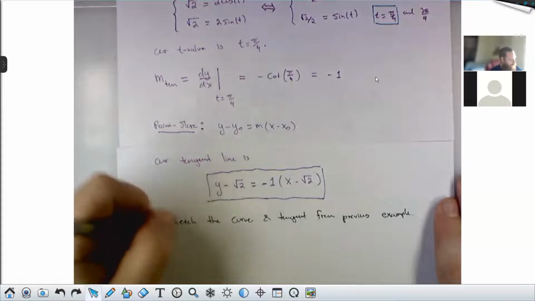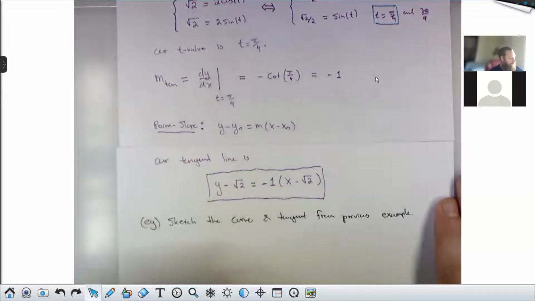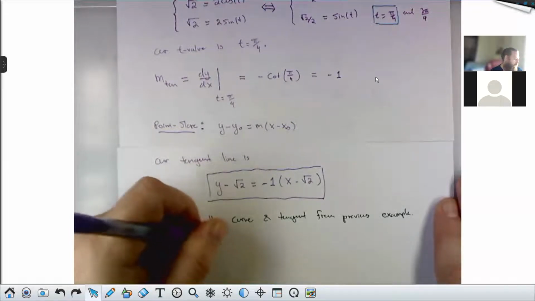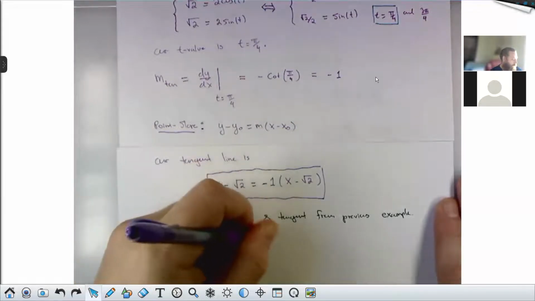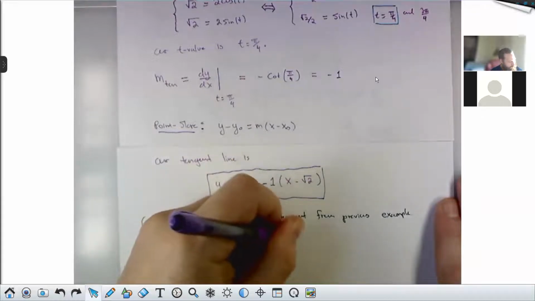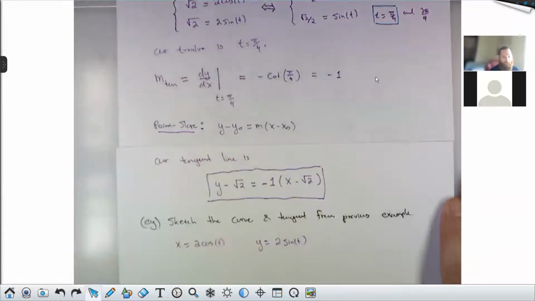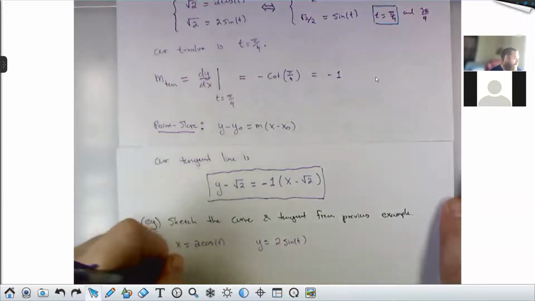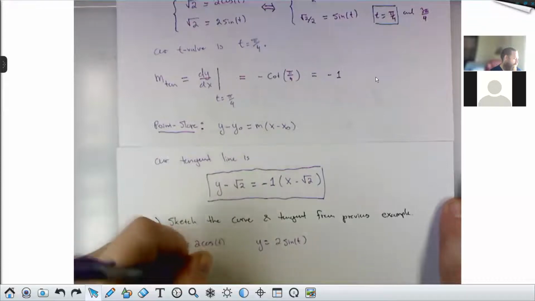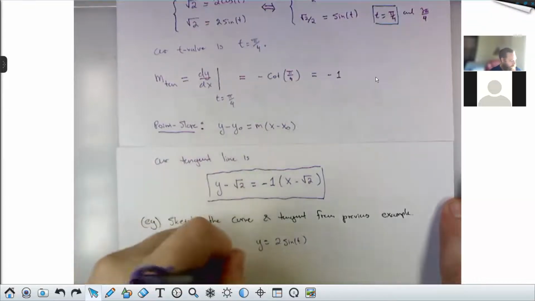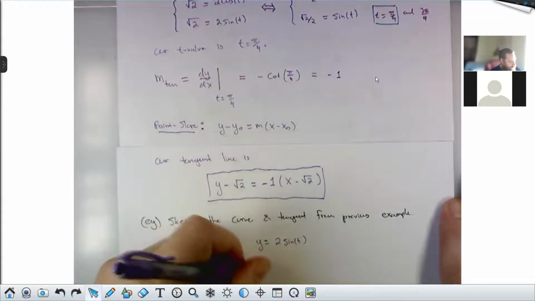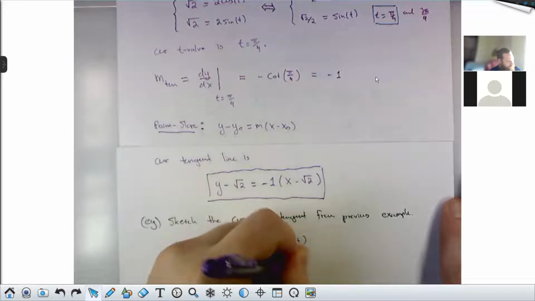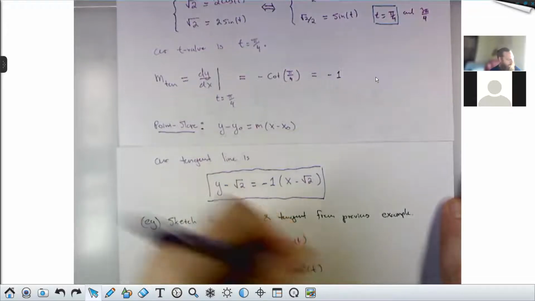We know that our parametric equations there were x equals 2 cos t and y equals 2 sine t, which means x squared plus y squared is 4 cos squared t, the square of x, plus 4 sine squared t.